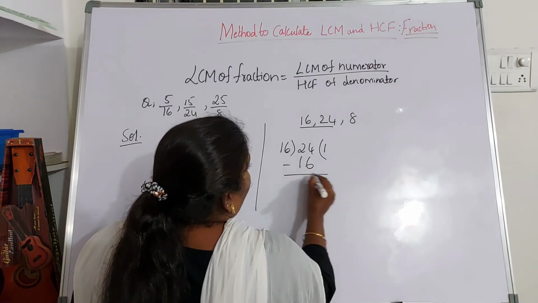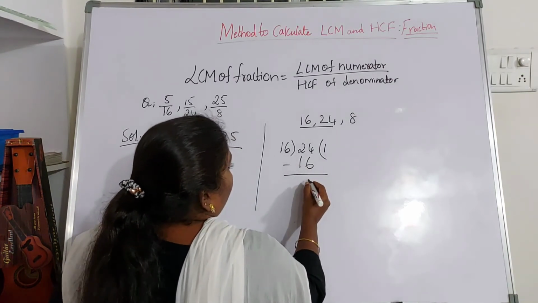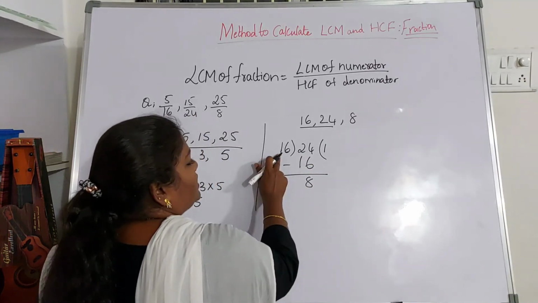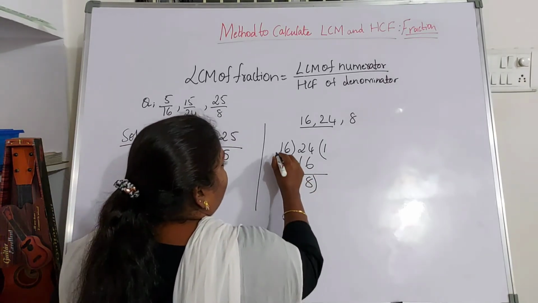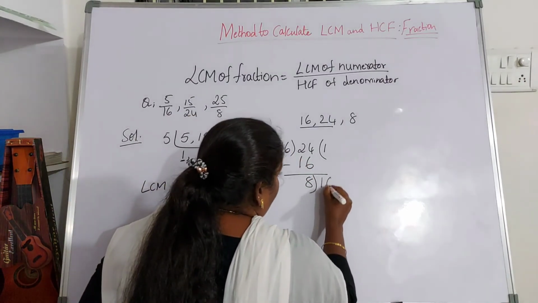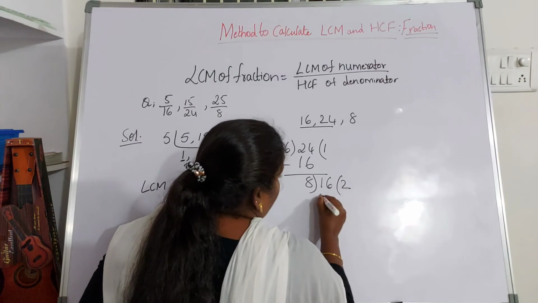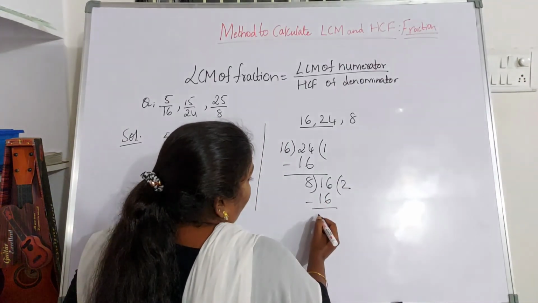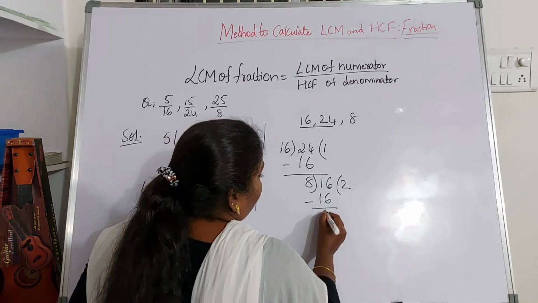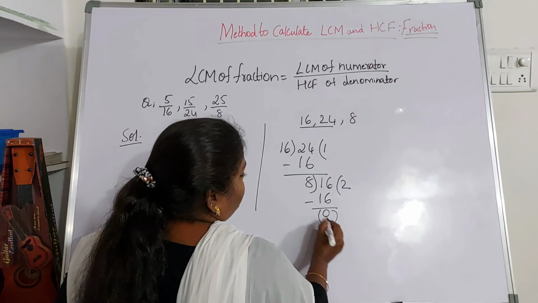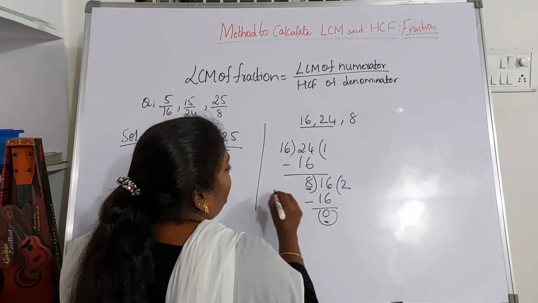When I subtract, I get 8. Now 8 is smaller than 16, so 16 is taken as the dividend. 8 2s are 16, and the remainder is 0. So the HCF is 8.